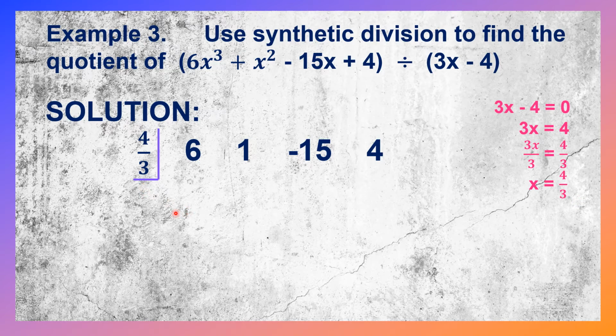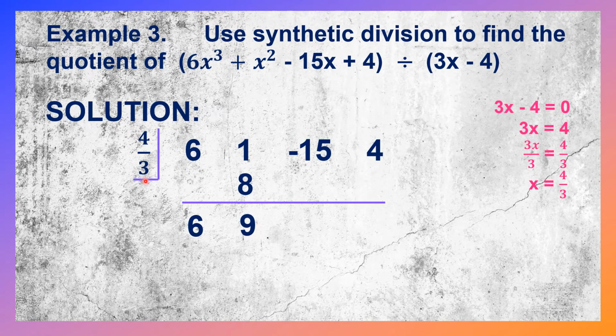So our first step here using synthetic division is just to bring down the first numerical coefficient, which is 6. Then 6 times 4 over 3 is equal to 8. Then add 1 plus 8 is equal to 9. Then multiply 9 by the divisor, 4 over 3.